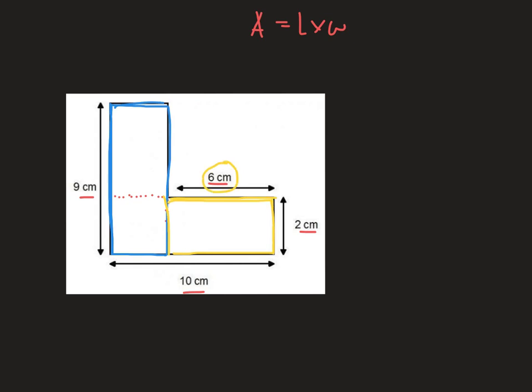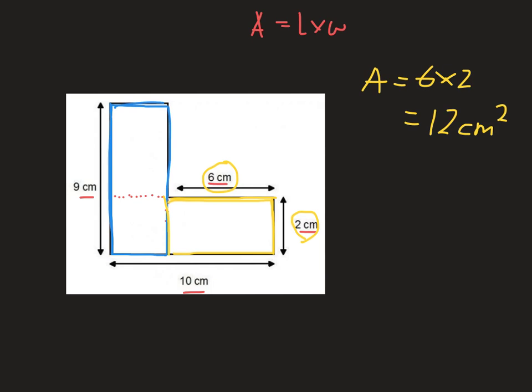I've also been given this side length, so this one's pretty straightforward. Again, I could use a ruler if I wasn't given any measurements at all. So the area of the yellow is going to be equal to 6 times by 2, which is going to be equal to 12 square centimeters.